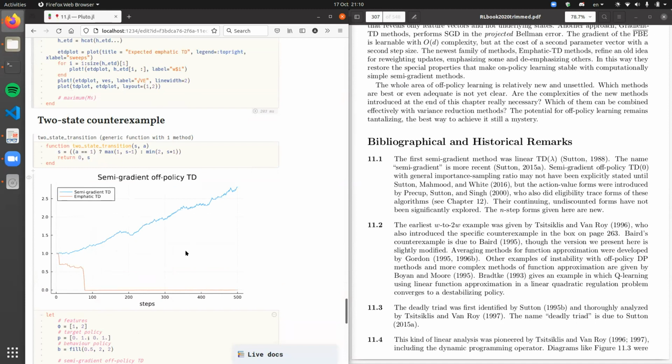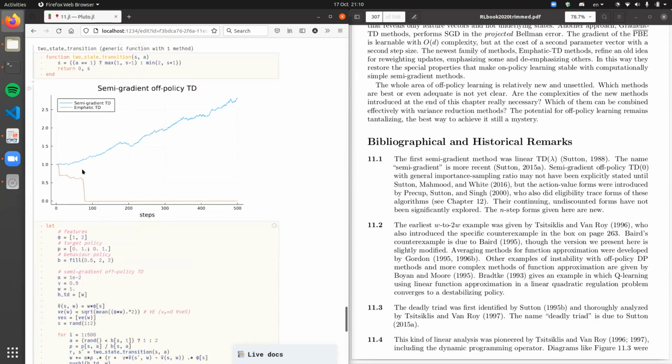So that really depends on the problem, and for this very simple problem, emphatic TD does work when we use sampling.